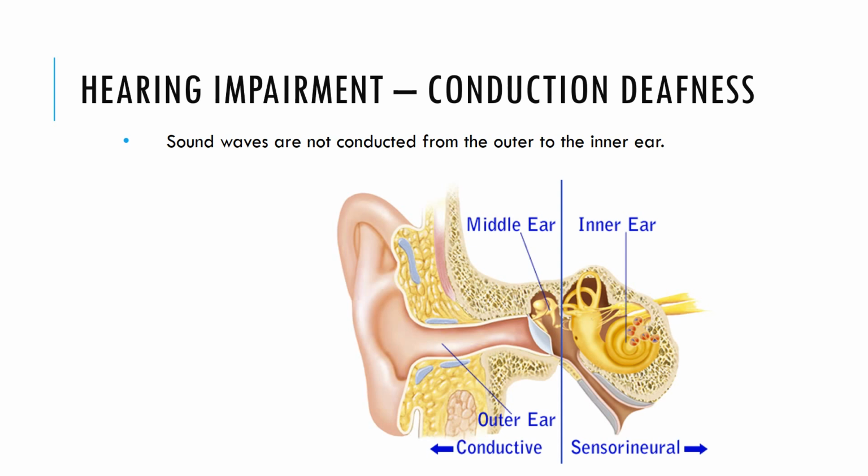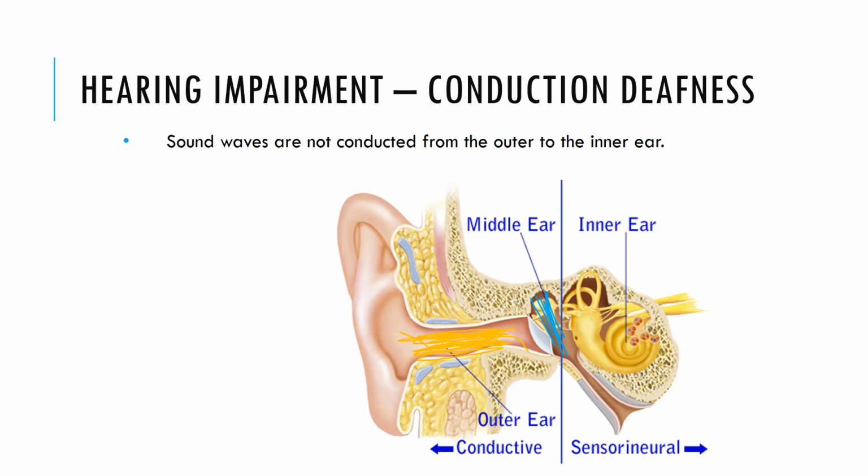So for hearing impairment, these are cases where sound waves are not conducted from the outer to the inner ear. One example might be if we have excessive buildup, as I'm drawing in here, of earwax within the external auditory meatus. One other reason might be that there is fluid within the middle ear.